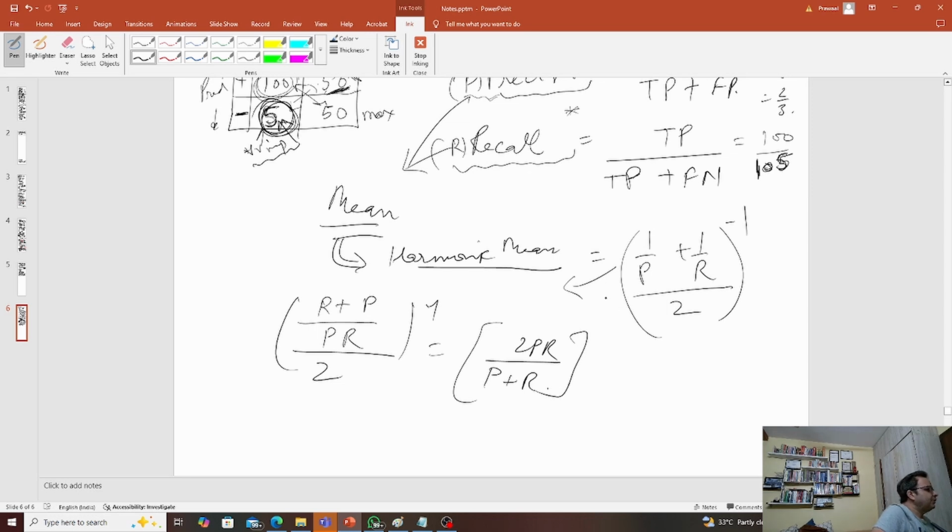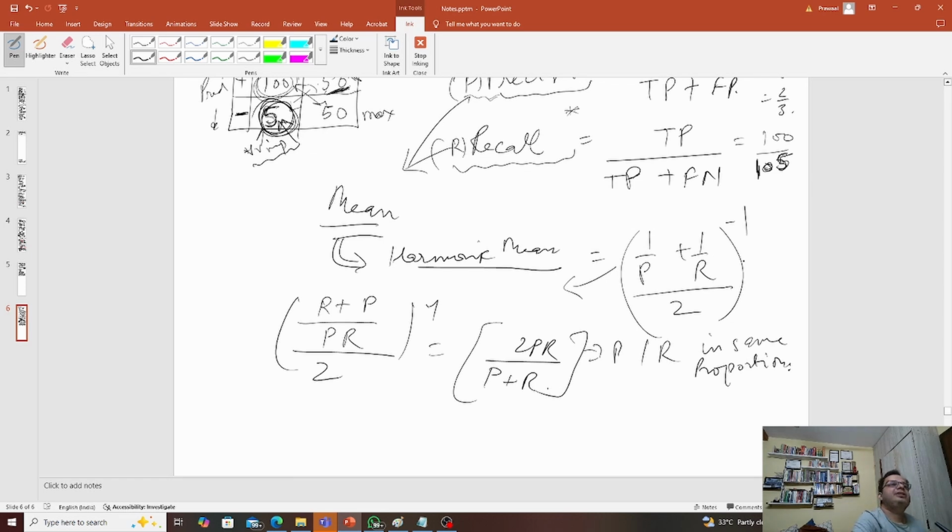This is a harmonic mean where we have taken the precision and recall in the same proportion. So the weightage of precision and recall is the same.